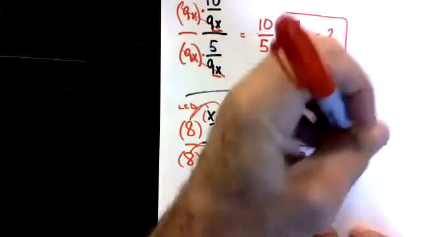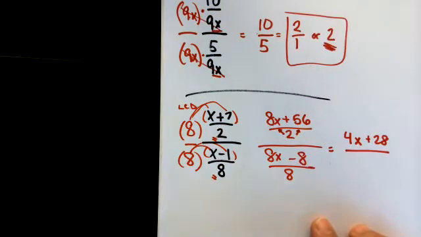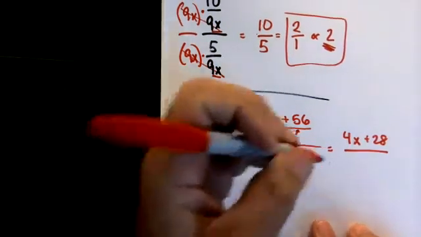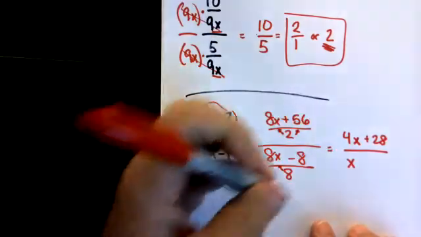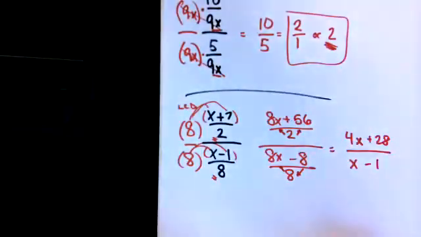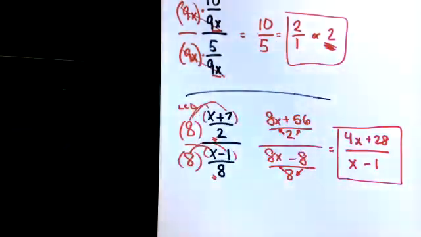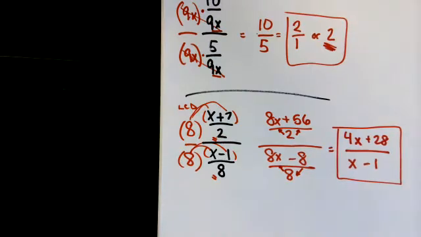And then 56 divided by 2 is 28. 8x divided by 8 is 1x. -8 divided by 8 is -1. And this is actually my simplified answer.